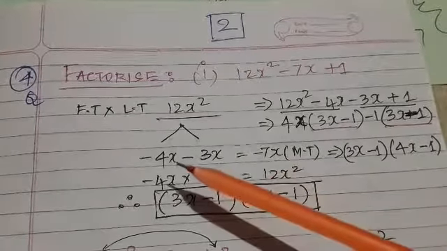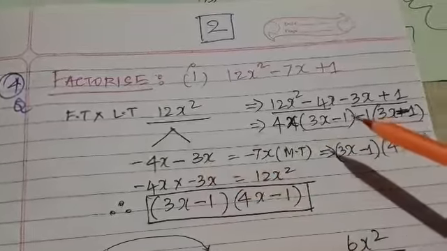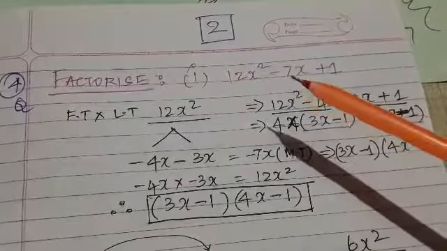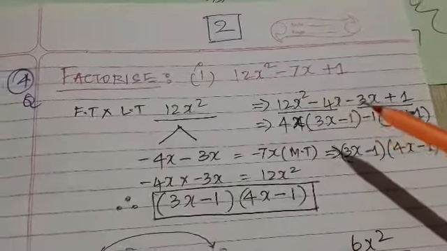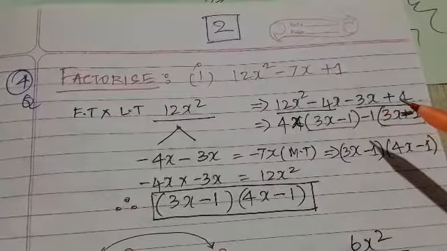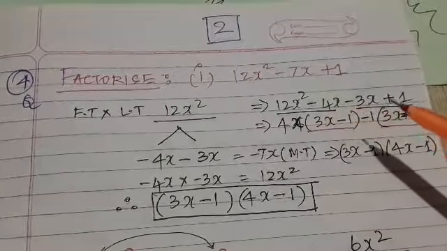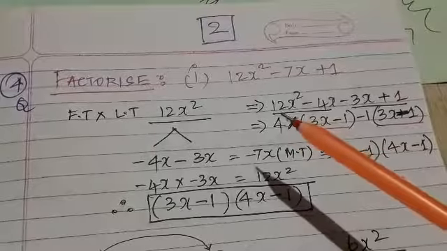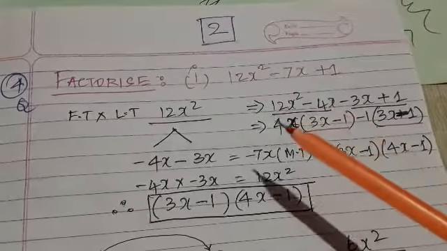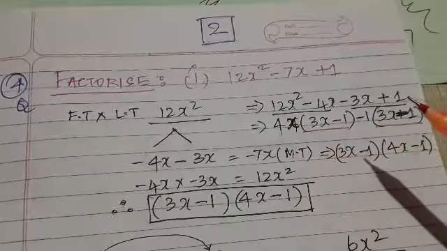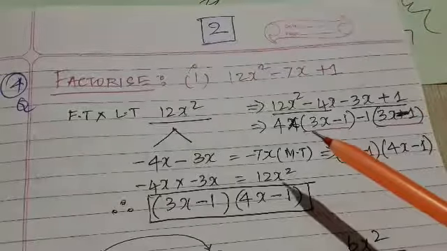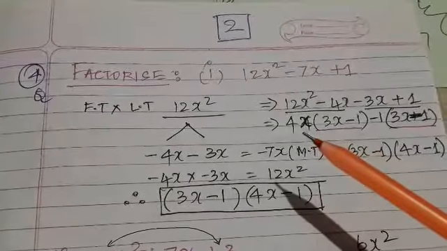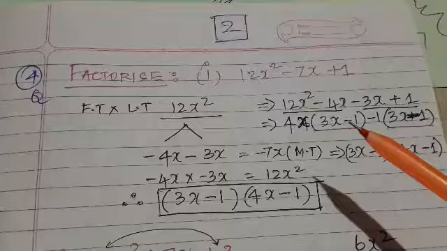So substitute minus 4x minus 3x as the middle term. So I am substituting 7x in terms of minus 4x minus 3x plus 1. Then I am taking the common factor, grouping 12x square minus 4x, and minus 3x plus 1. Then I take the common factor here. 4x is the common factor, so 3x minus 1.